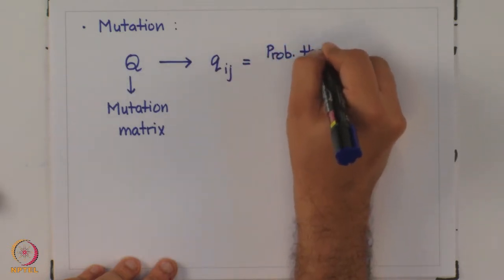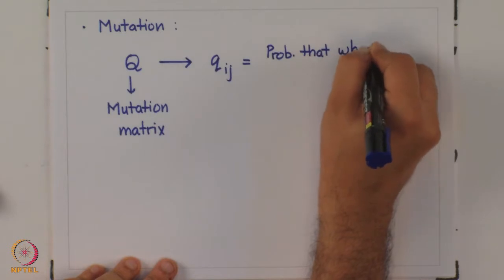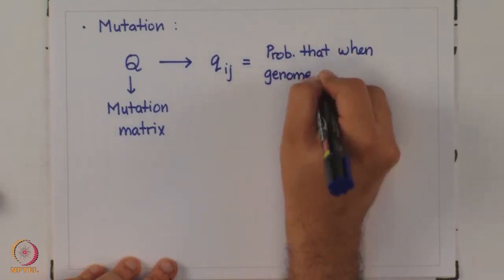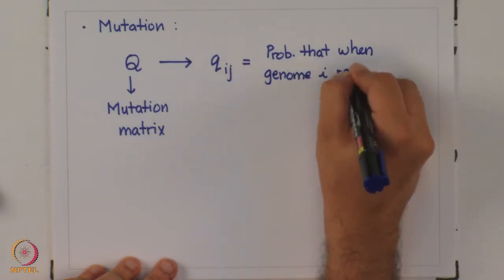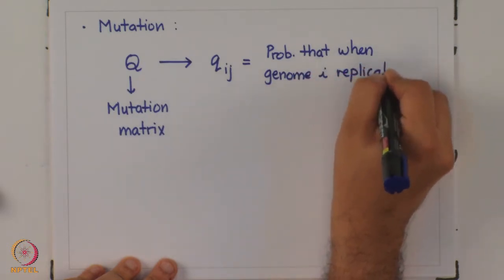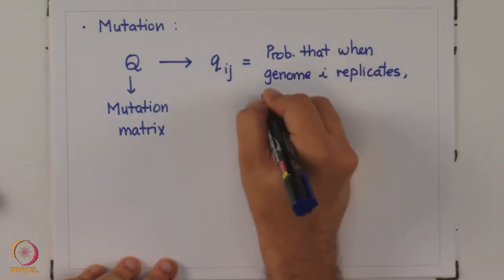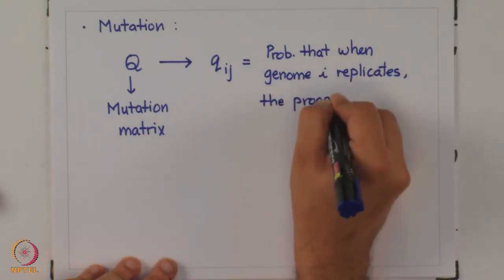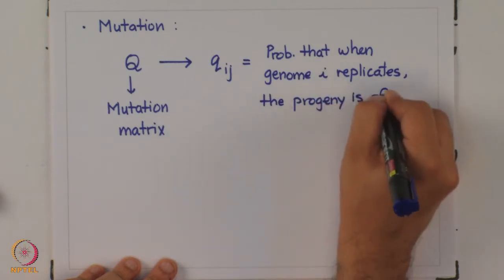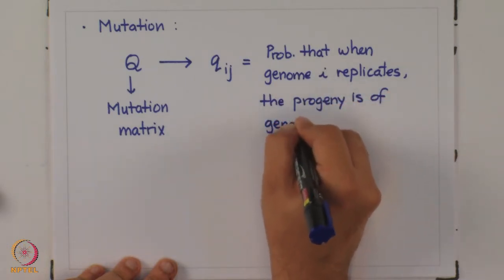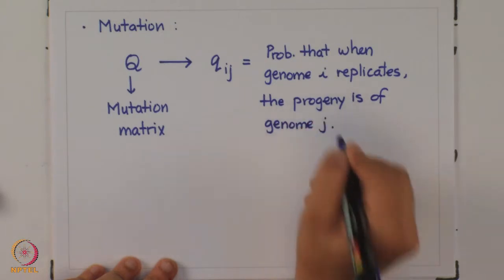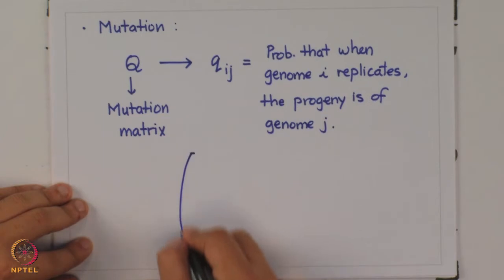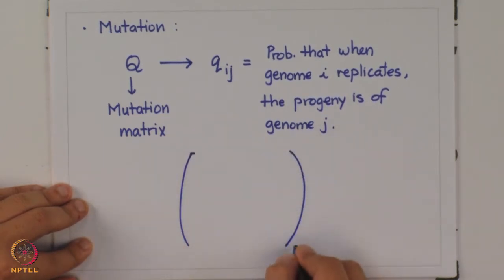that when genome i replicates, the progeny is of genome j. That represents my mutation matrix, and its structure is going to be an n cross n matrix.